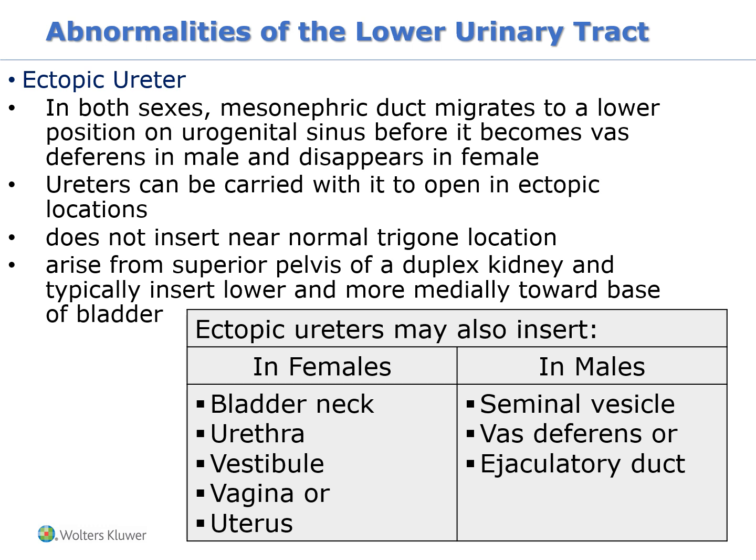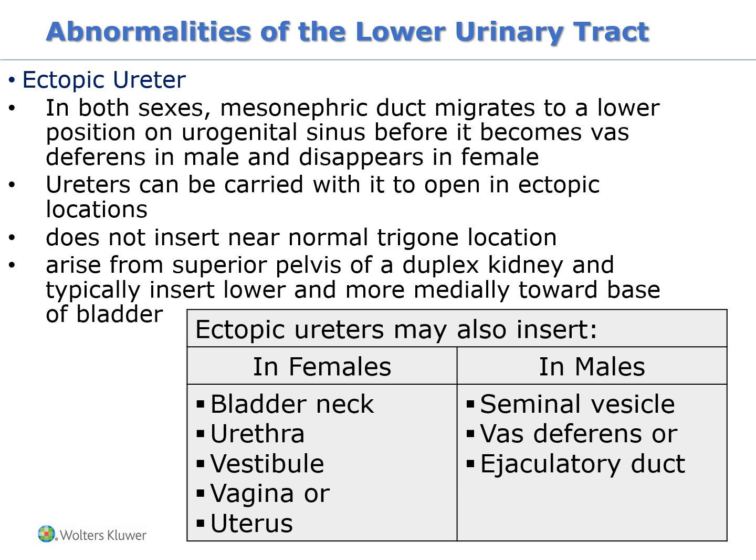In both sexes, this occurs because the mesonephric duct migrates to a lower position in the urogenital sinus before it becomes a vas deferens. So remember that the mesonephric duct can also be referred to as the Wolffian duct. And in males, that is going to ultimately become the vas deferens. In females, it's really going to basically fibrose and go away.